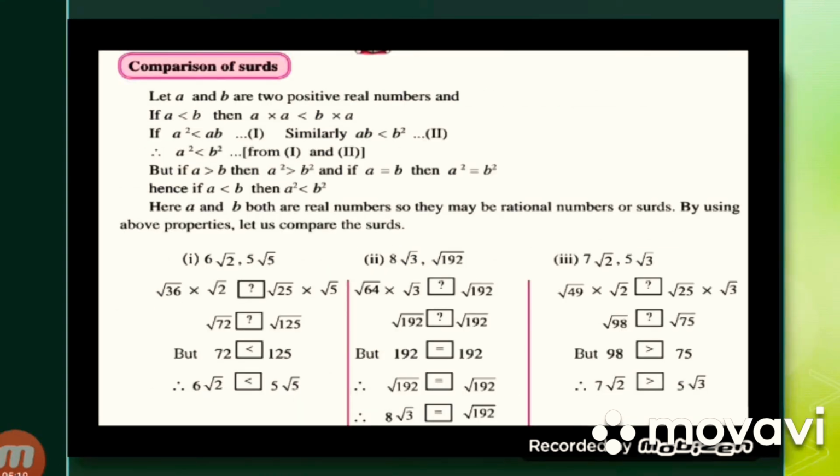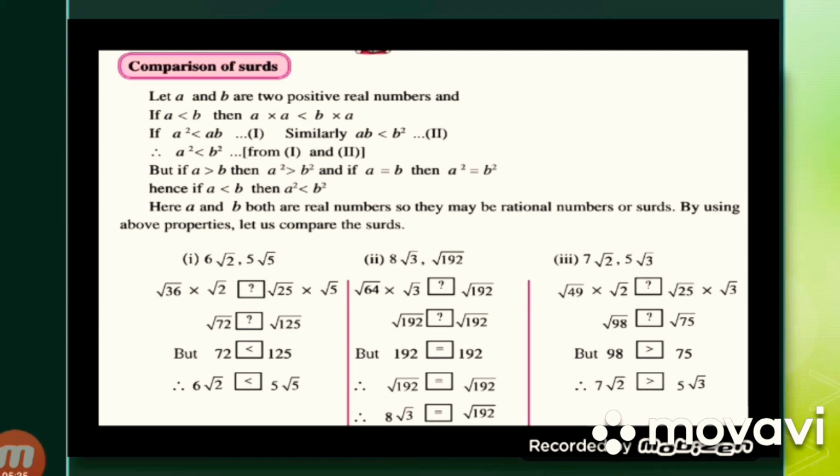Comparison of surds. Let a and b be two positive real numbers, and if a is less than b, then multiplying a on both sides, we get a into a is less than b into a. That is, a square is less than ab. Similarly, ab is less than b square. Therefore, from 1 and 2, a square is less than b square.